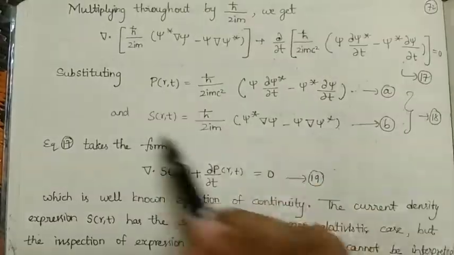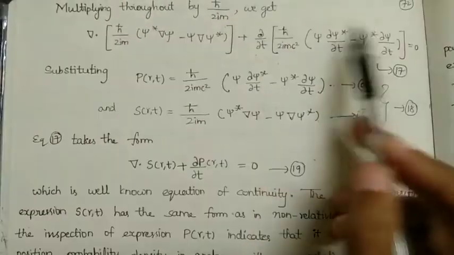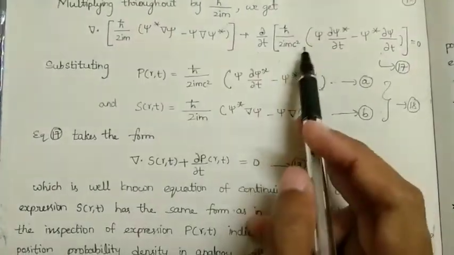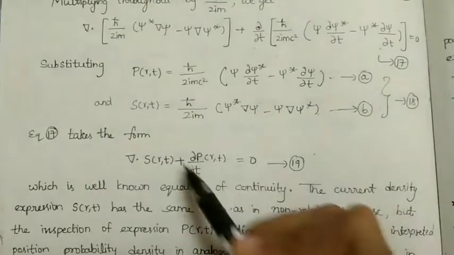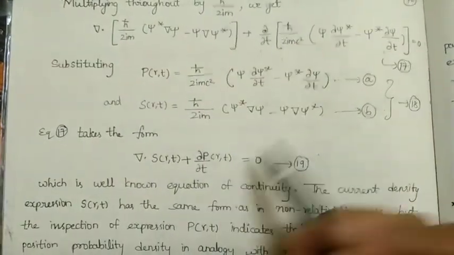So this is the term, and equation 17 takes the form ∇·S(r,t) plus ∂ρ/∂t, ∂P(r,t)/∂t is equal to 0. So this is the equation we get from this equation.